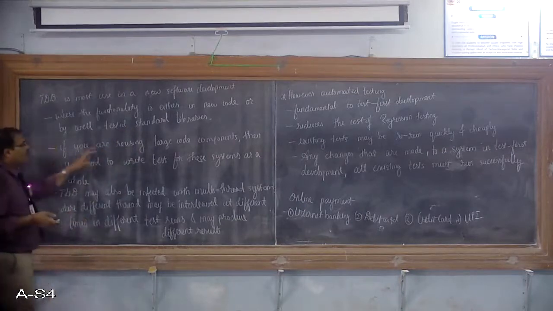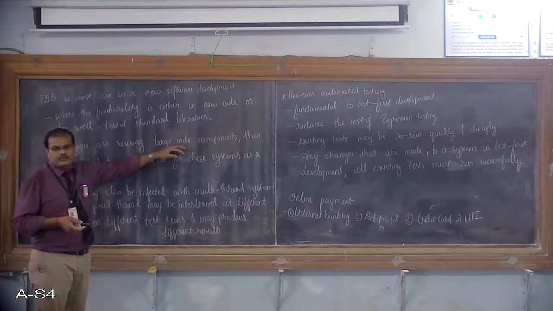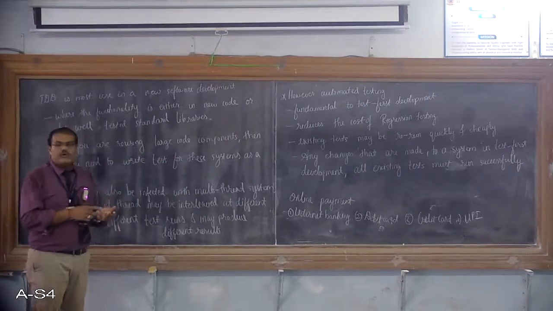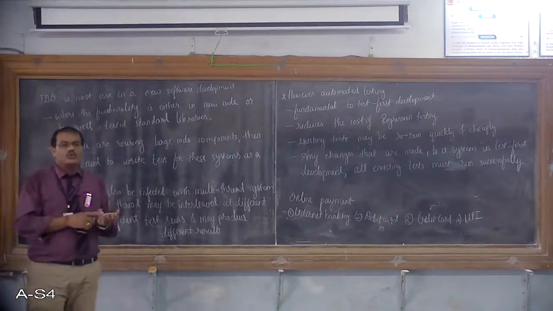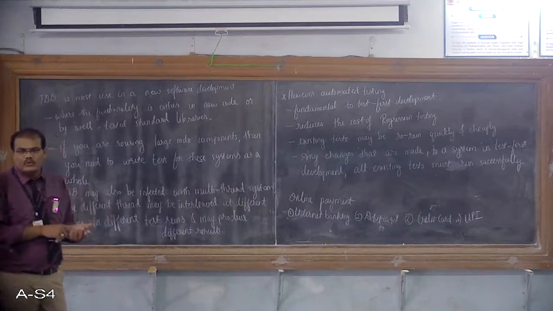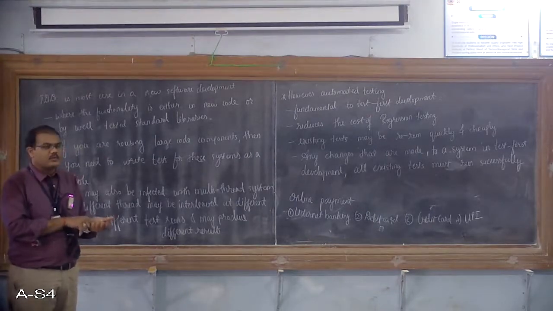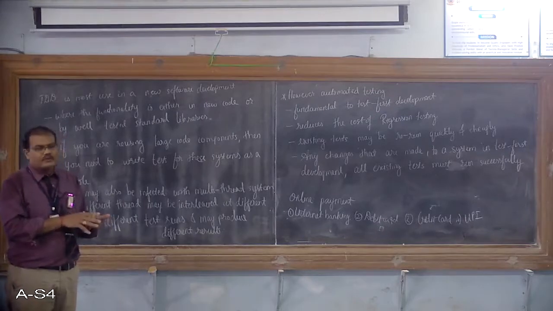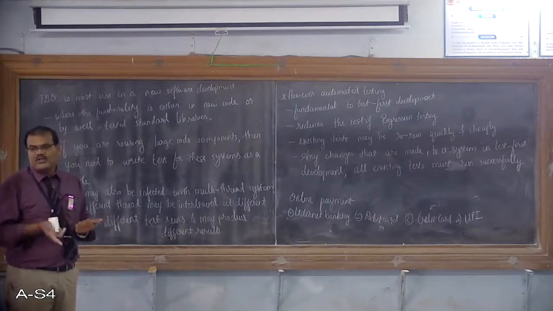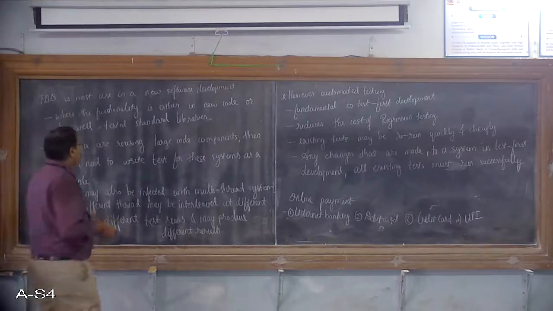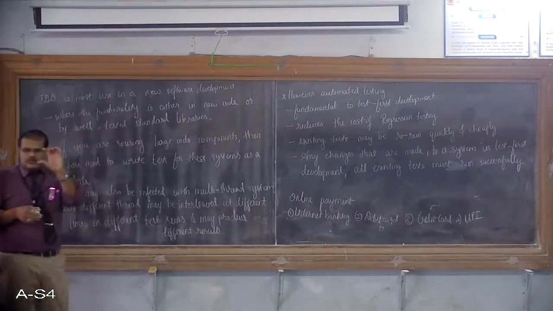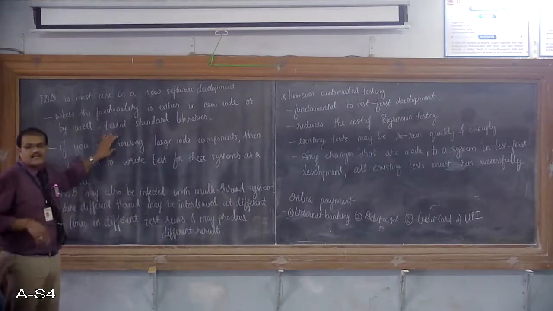Now, if you are reusing a large code, like for banking software, I need to know the customer details, the online payment gateway method, the ATM usage of a customer, and the fixed deposit receipts or fixed deposits he has in the bank, and so on. So every small module, I'm going to use as an entire code.